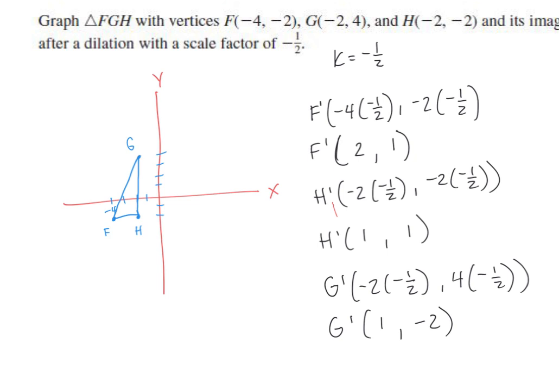When we plot these, 1, 2, up 1, here's F prime. And then 1, 1 is going to be right here. And that's H prime. I'm sorry, I mislabeled. And G prime is at 1, -2, so down here.